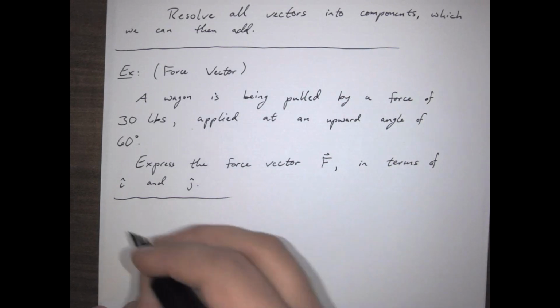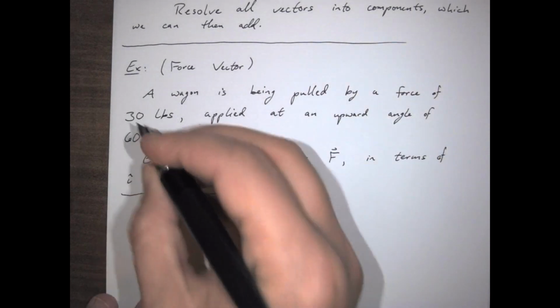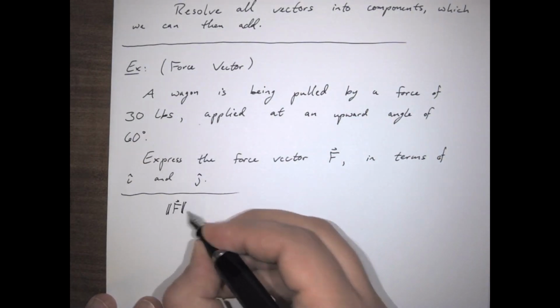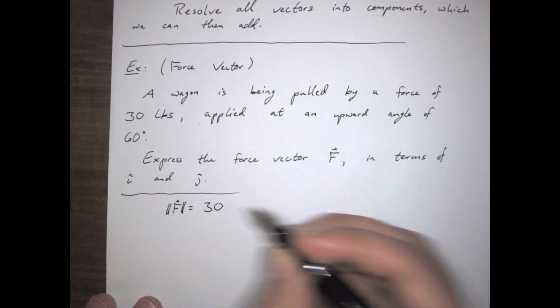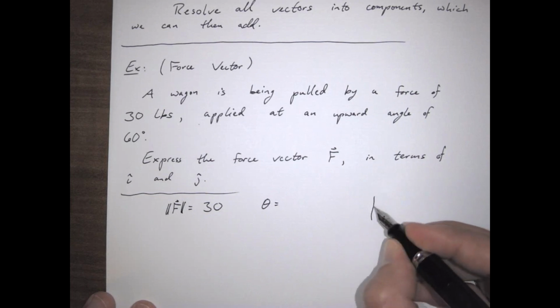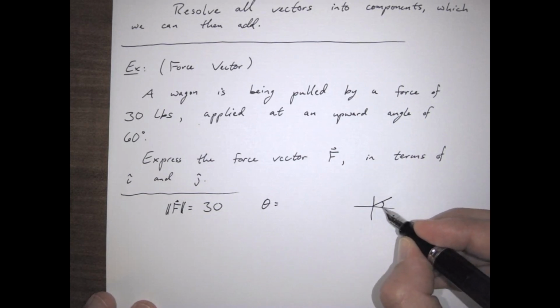All right. Well, let's think about this. A force of 30 pounds represents the magnitude. And the angle here, sometimes you just want to do a quick sketch to make sure it makes sense.